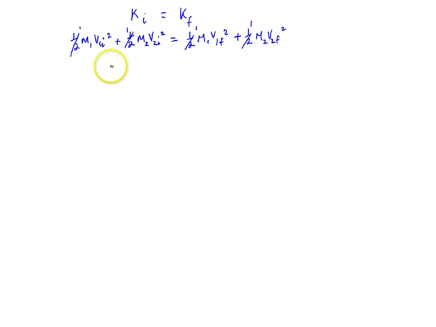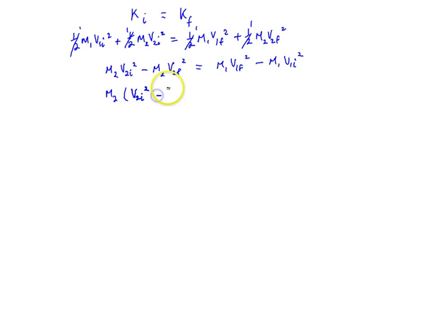So I'm going to put M2 over here, and I have M2 V2 initial squared, and bring over this M2 term, so M2 V2 final squared, and that's going to be equal to M1 V1 final squared minus M1 V1 initial squared. And let's collect like terms here, M2 and write V2 initial squared minus V2 final squared, and that's equal to M1 brackets V1 final squared minus V1 initial squared.